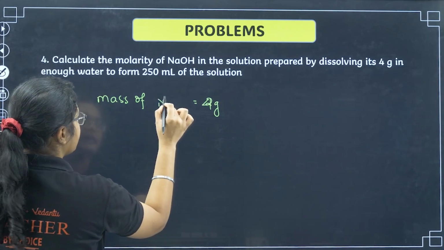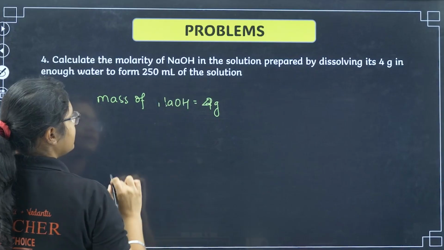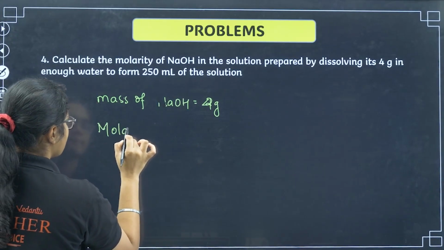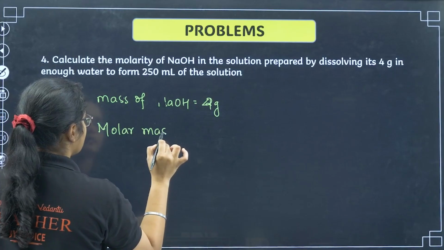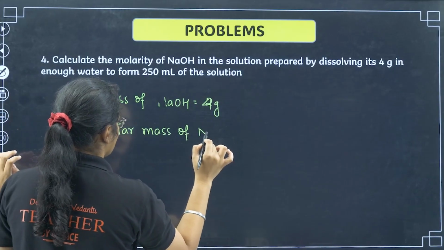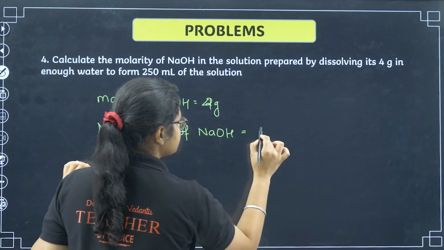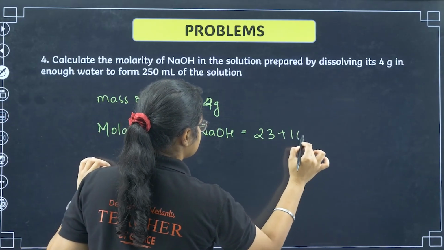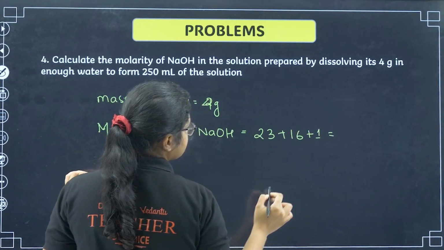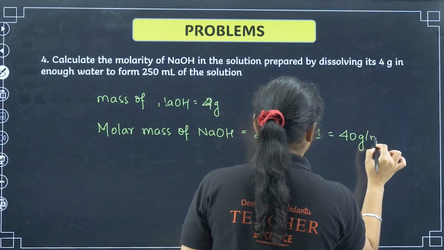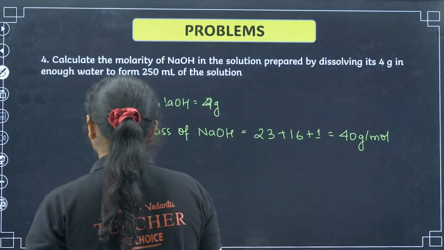Yeah, so NaOH is the solute, right? So mass of NaOH is 4 gram. What is the molar mass of the solute? Molar mass of NaOH, if you add this, how much will I get? 23 is for sodium, 16 plus 1. So that gives me 40 grams per mole. That is the molar mass of the solute.